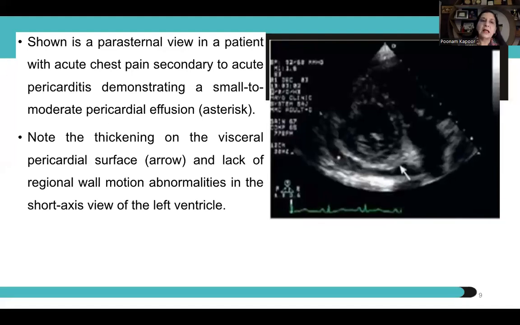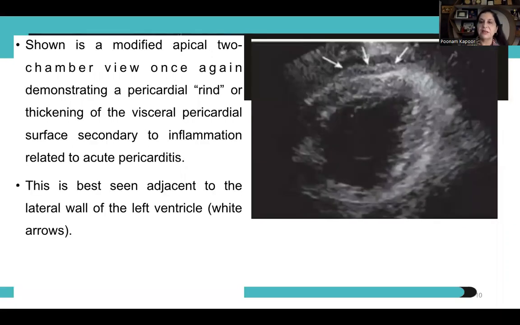And this is an acute pericarditis situation with a small collection of fluid, seen as the asterisk, around the visceral pericardial surface, with a lack of any regional wall motion abnormalities. It's a complete akinesia that this small acute pericardial fluid accumulation causes along the LV free wall to the movement of the short axis of the LV.